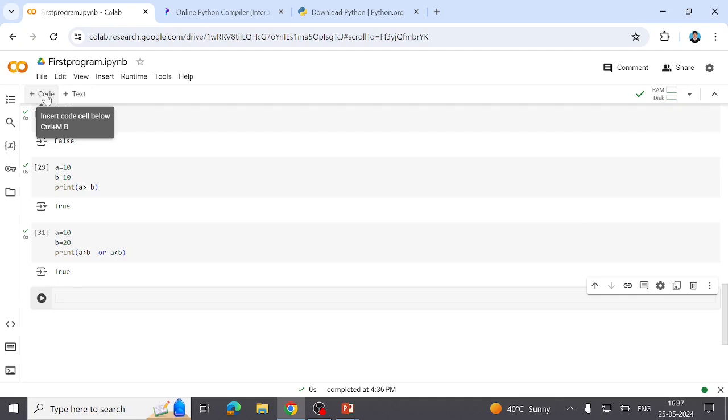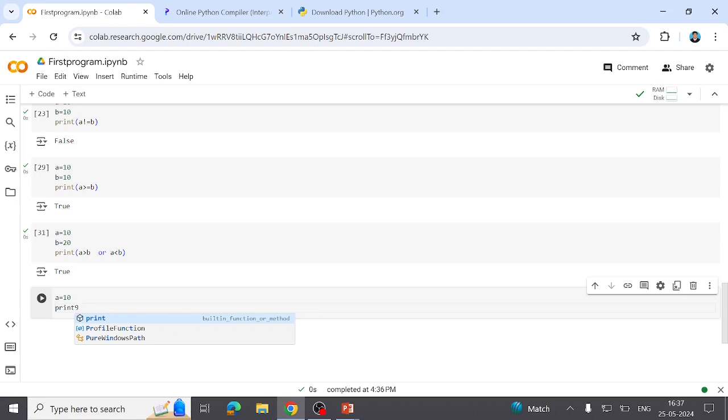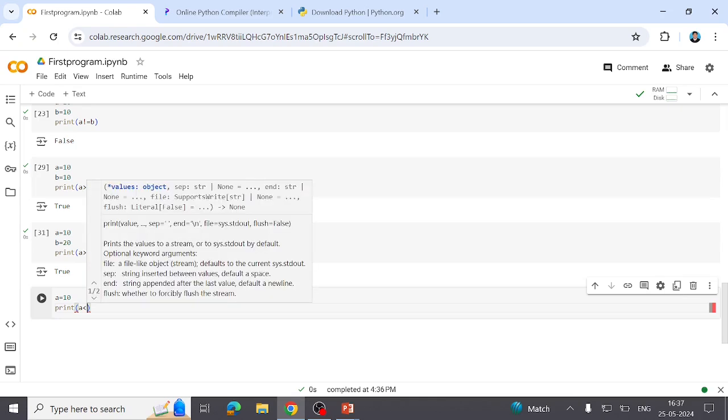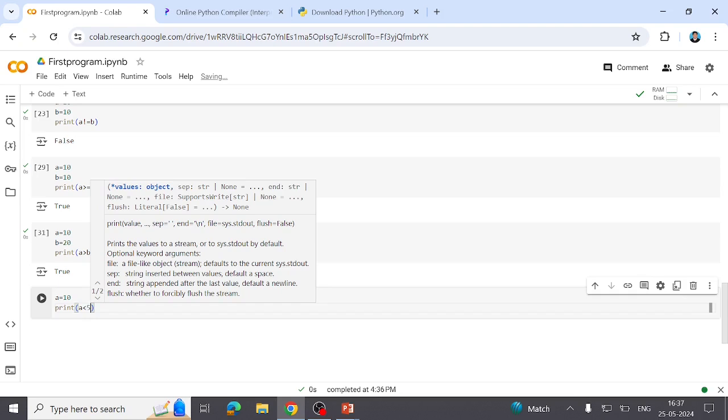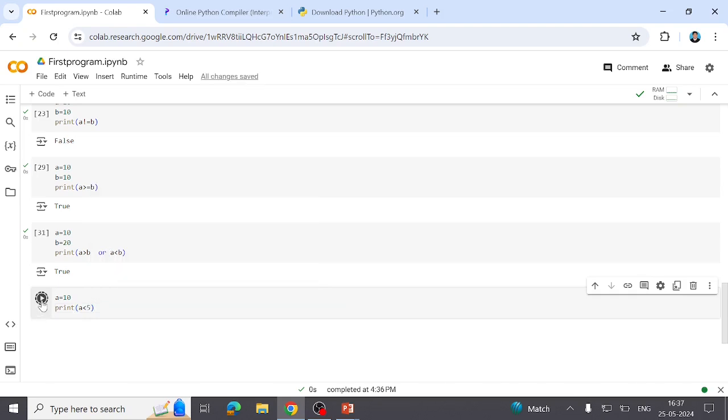For example, suppose a is equal to 10 and we print a is less than 5. The result is false.